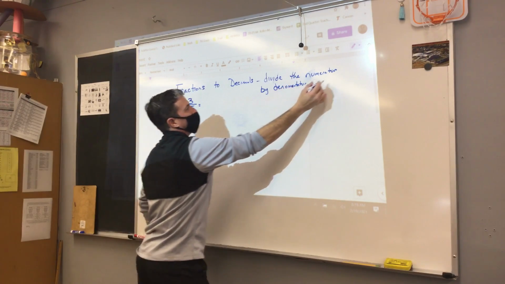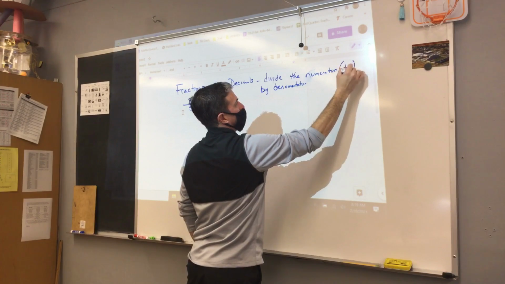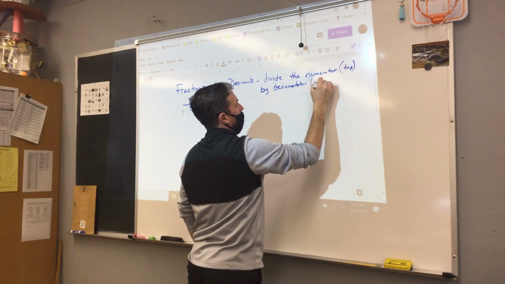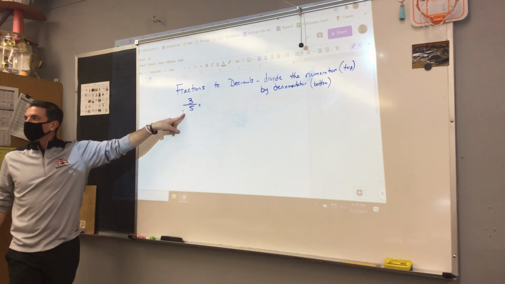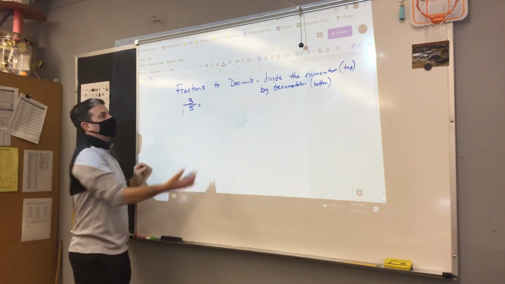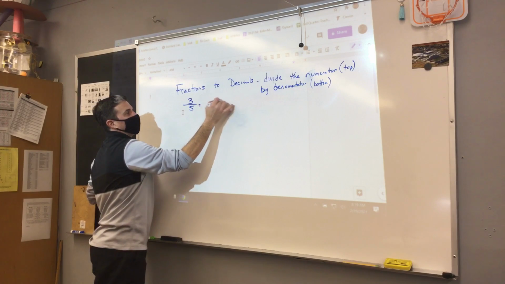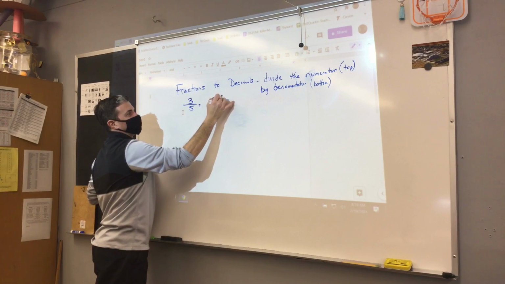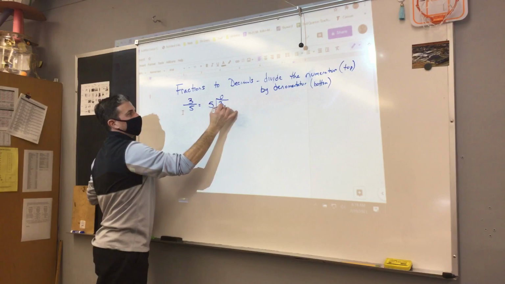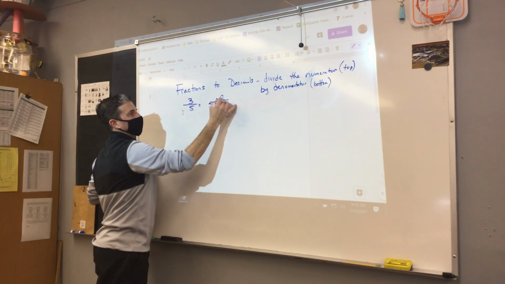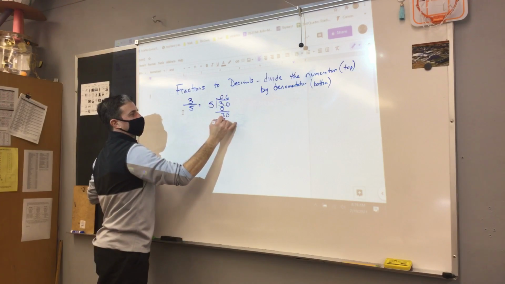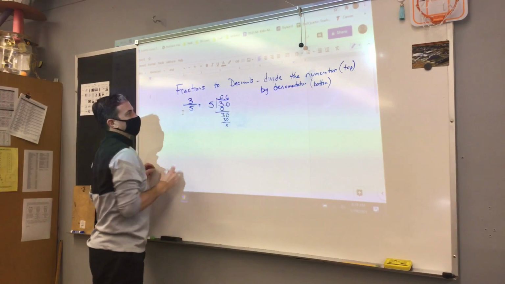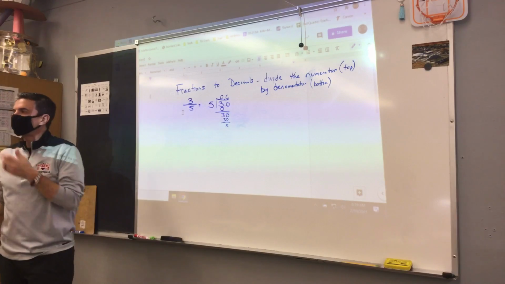Which is actually the top divided by the bottom, correct? So what are you doing there? Take 3 divided by 5. And you get 0.6. So this is something you put in your calculator.